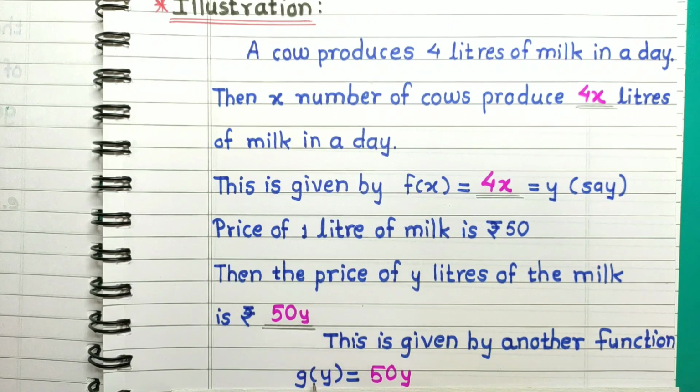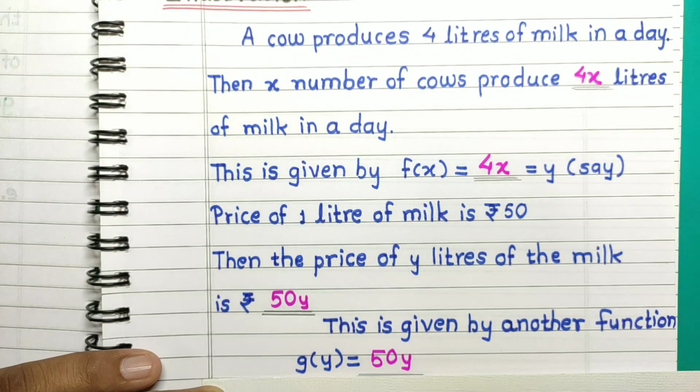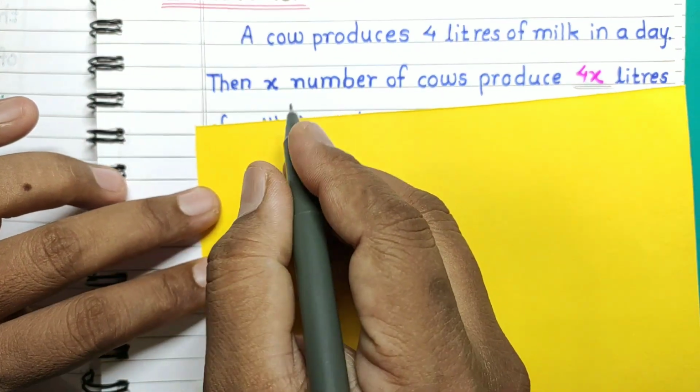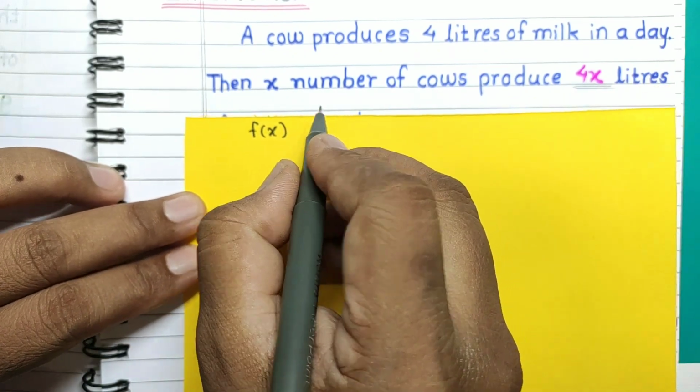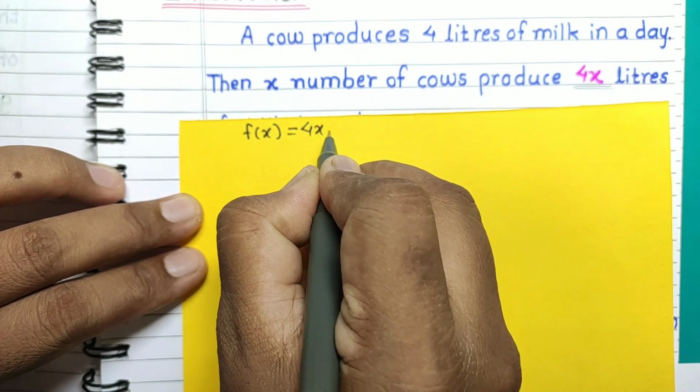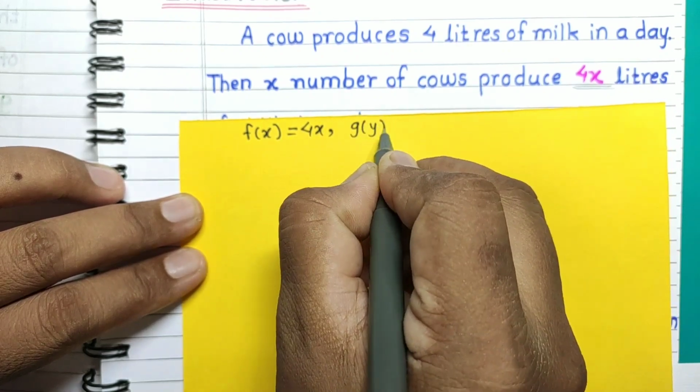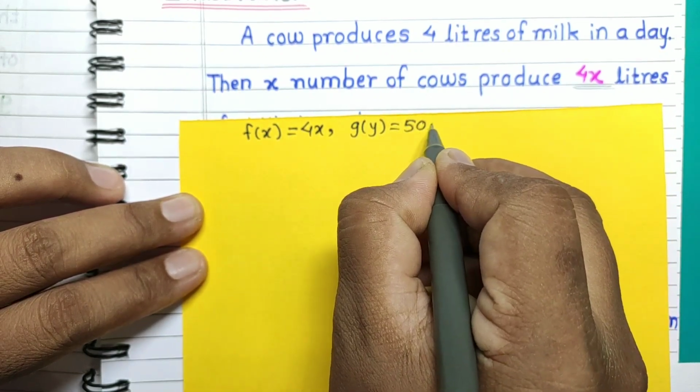So g of y is equal to 50y. So here we have two functions: f of x is equal to 4x and g of y is equal to 50y.